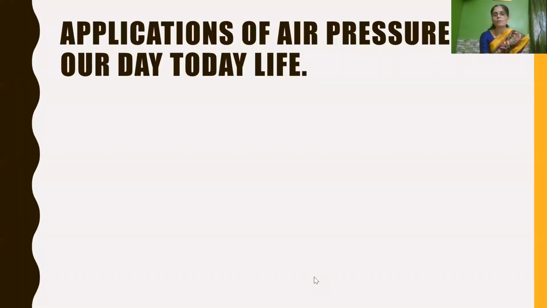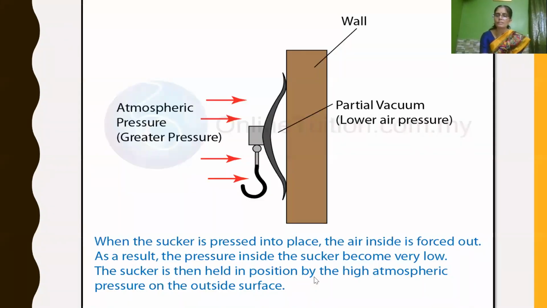And then what are the different ways we use this air pressure in our day-to-day life? This is very simple. By seeing the figure, identify which pressure is being used. Here, the vacuum holder. You can see that atmospheric pressure, air pressure, is being utilized. How can it hold a heavy object?